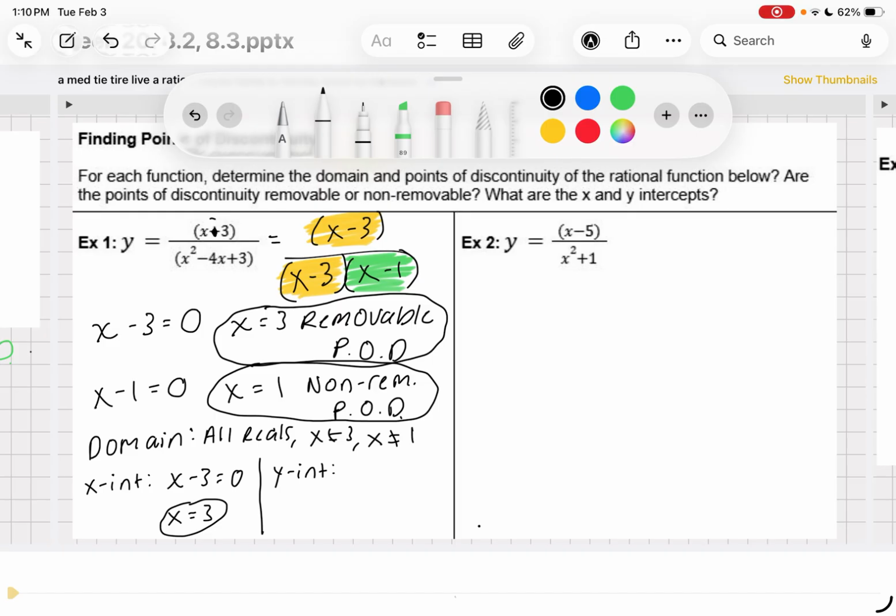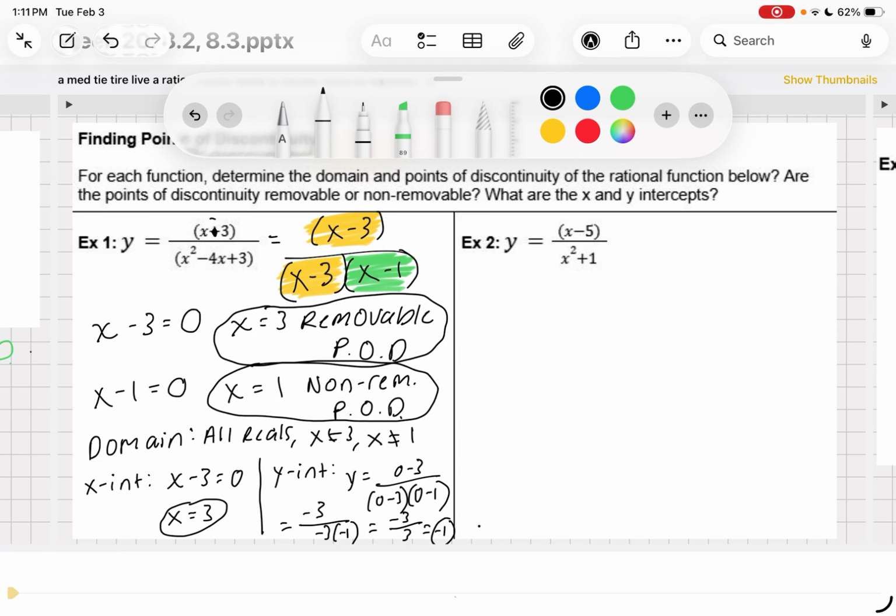So that means I'm going to have y equals 0 minus 3 over 0 minus 3 times 0 minus 1, which is going to be negative 3 over negative 3 times negative 1. I'll write that last step so we can see that. So we're going to have negative 3 over positive 3, which is negative 1.